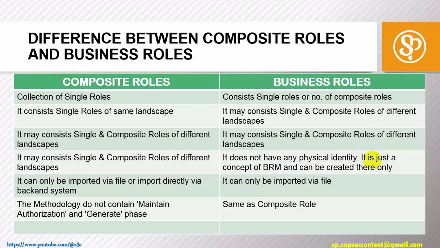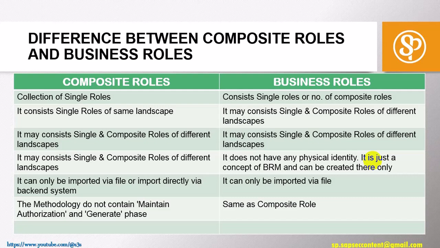The tables at the GRC system level are different, so to identify the role you need to go to the table level. There is no physical entity. It's a completely logical kind of programming in the GRC system.